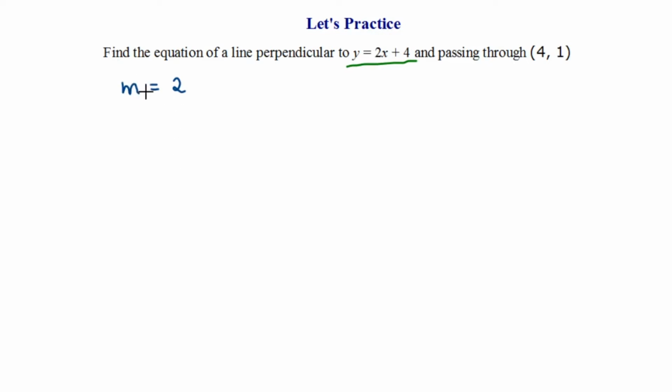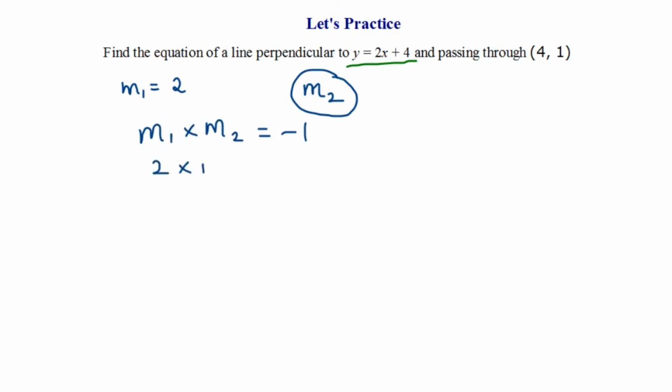So let this be the gradient m1 and for the line perpendicular to it, the gradient let it be m2. The product of these two gradients is equal to -1. Now m1 is 2, so 2 times m2 is equal to -1, and hence m2 is equal to -1 upon 2. We have found the gradient of the line perpendicular to the given line.